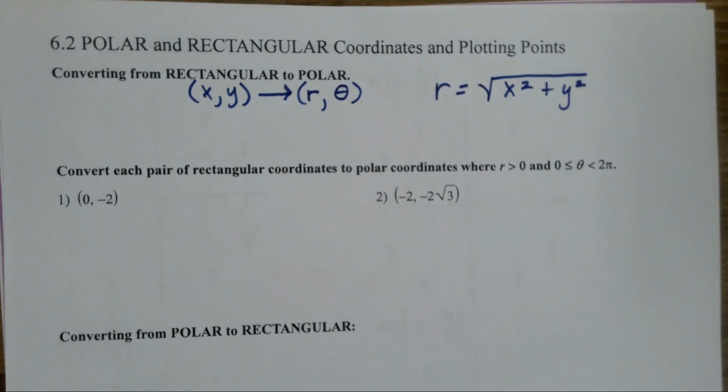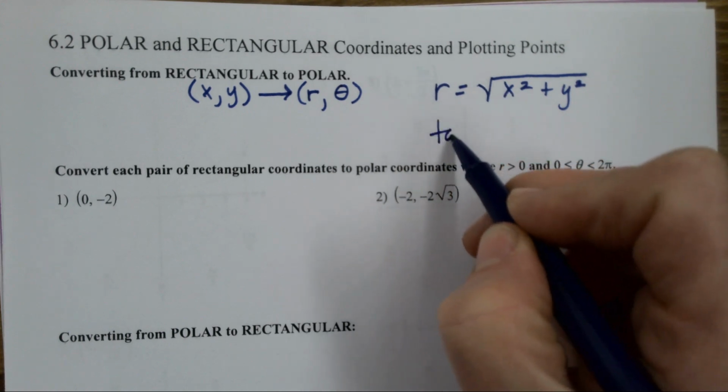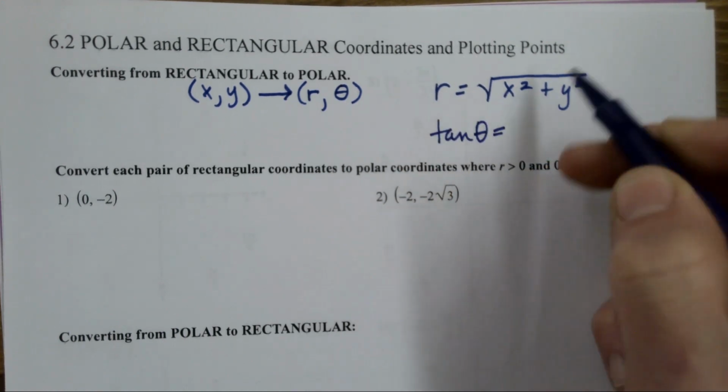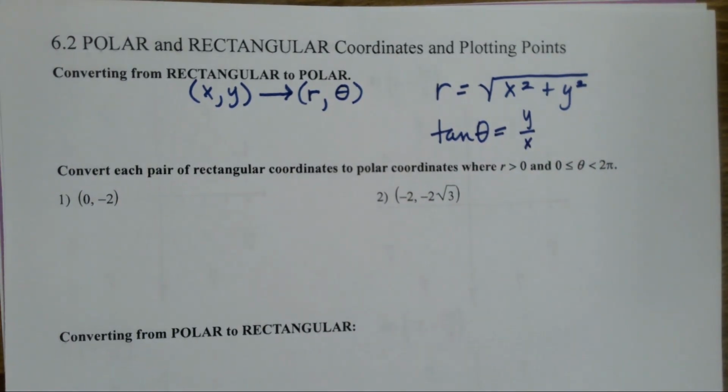And theta is found by using x and y as well, and SOHCAHTOA, or some trig functions. I didn't set up a theta equals, but I did make a statement about theta, and the tangent of theta can be found by taking y over x. And so we have to figure out when the tangent is equal to that.